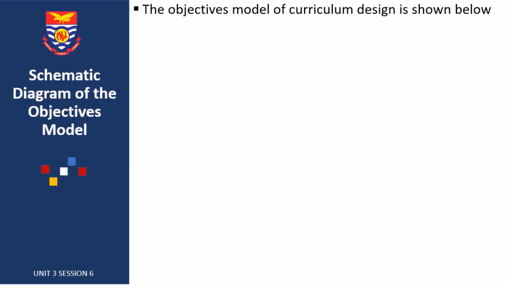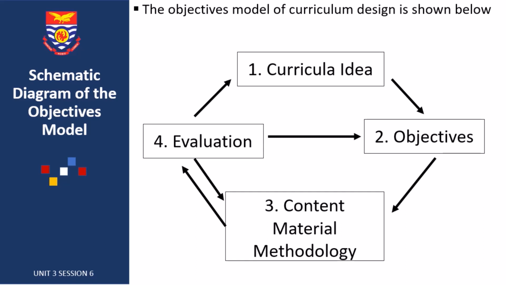Now, with the schematic diagram of the model, we have curricular ideas, the objectives, the content, material, methodology, and evaluation. So we have 4 main steps here, and you will see that at every point in this stage we can do evaluation. From curricular ideas, we can evaluate to find out whether those ideas that are presented really represent the general aims of education.